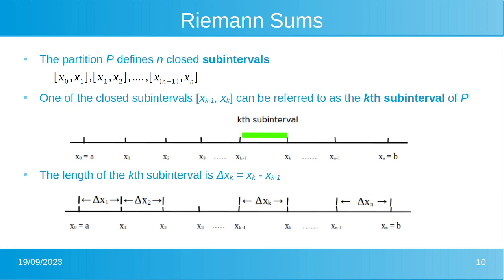And the length of the kth subinterval, delta xk, is equal to xk minus x_{k-1}. And the length of the nth subinterval, delta xn, is equal to xn minus x_{n-1}. So the kth subinterval can be used to refer to one of the closed subintervals.